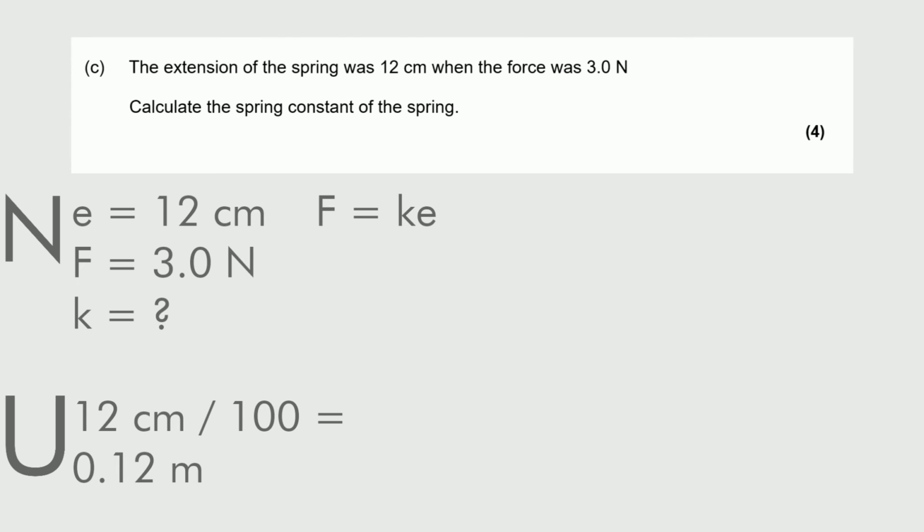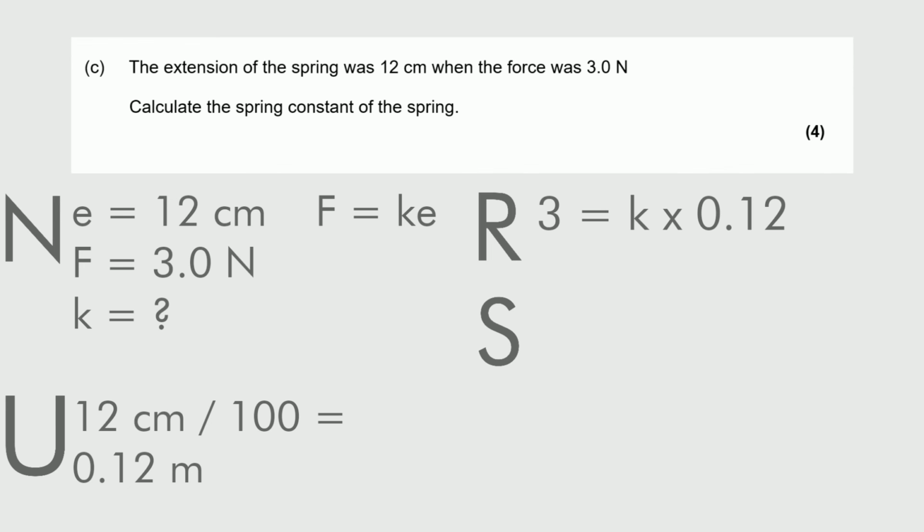Now we have our converted values, we can substitute them into the equation. Force is 3, then equals, spring constant is unknown, so leave it as a k, then a times sign, and we use our converted value for the extension. Looking at this equation, it's clear it's not something we can put into a calculator yet. The unknown is not by itself on one side. To correct this, we need to move the 0.12 from the right side to the left.